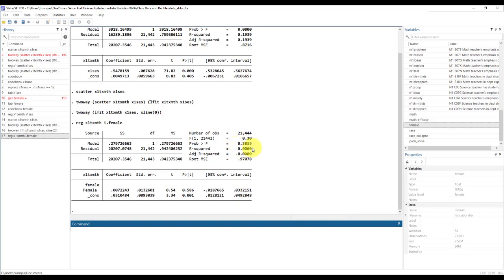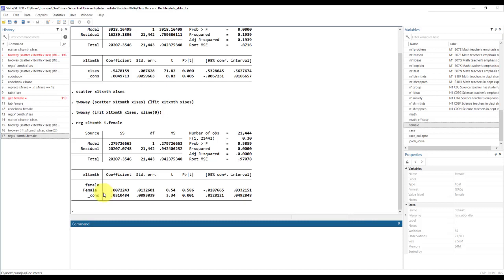The R squared is very close to 0, very low F value, and it's not significant, which is not surprising given what we see down here, but we'll get there. In this case, what we're looking at is whether gender or sex predicts a difference in math scores.